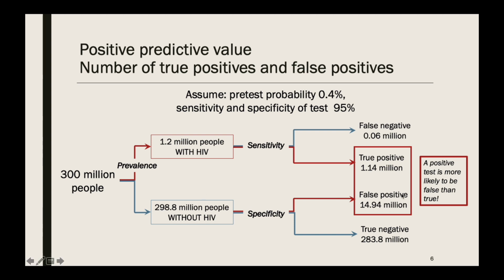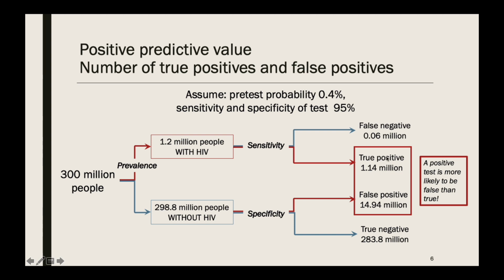So we have a false positive rate which is substantially greater than the true positive rate. It means if we tested every person in the United States for HIV, we'd see that there are way more, 15 times more false positives than true positives.